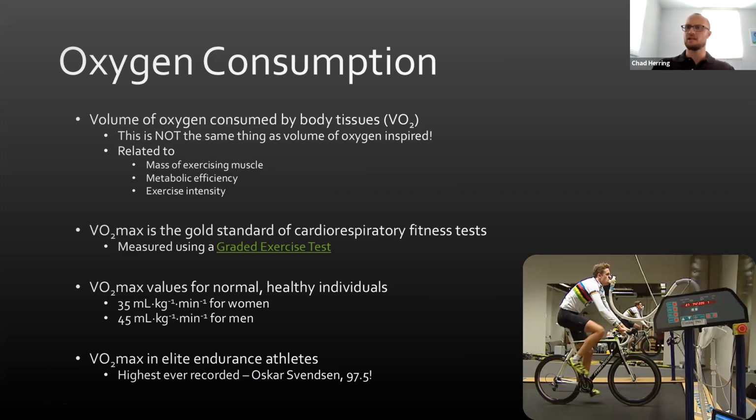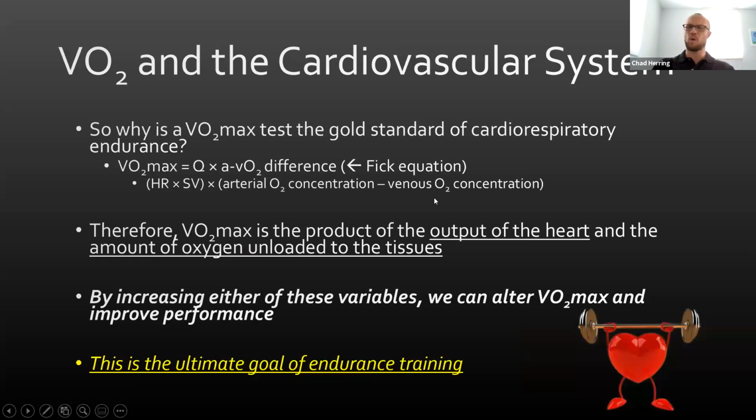If you talk to any athlete from some kind of cardio-based sport, even soccer, where endurance is a huge factor, or cycling, triathlon, long distance swimming, VO2 max is that gold standard. And why is that a gold standard? Here we can see the equation of VO2 max.